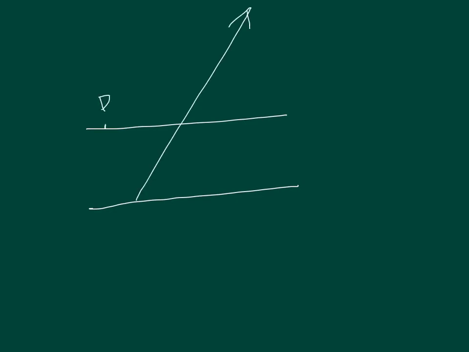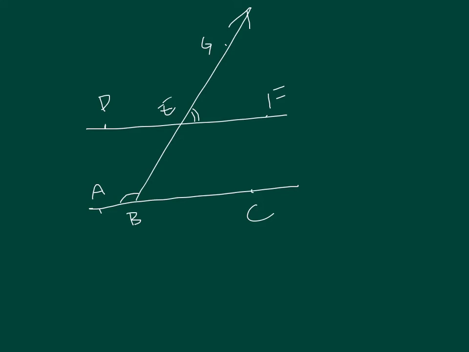That's D, E, G, F, A, B, C. Angle ABG and GEF are supplementary, so if you add these two together, that should be supplementary, which is 180 degrees.